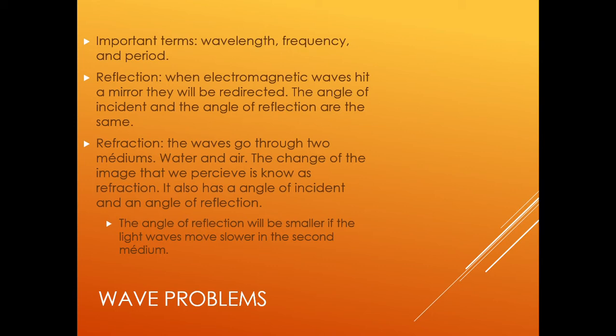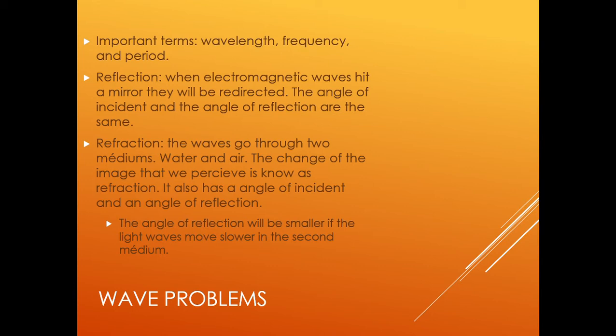So, in the example that I gave you before about a laser that will hit the mirror and then it will be redirected, we can analyze that basically the light is just going through one medium, which will be air. And thanks to the properties of the mirror, it will be reflected in the same direction.